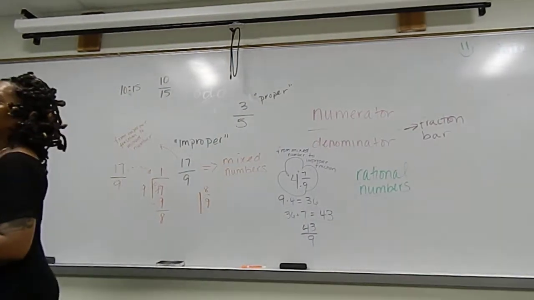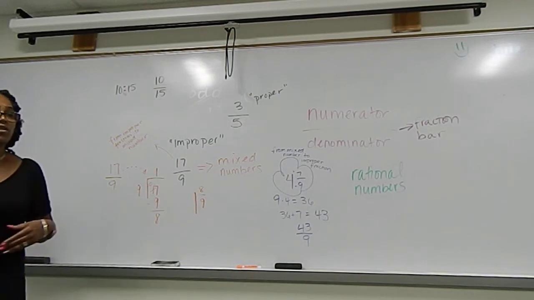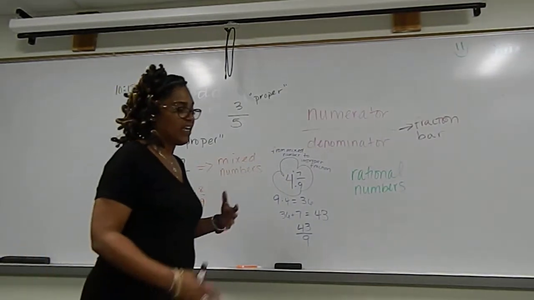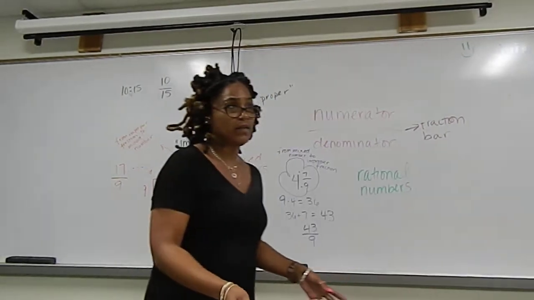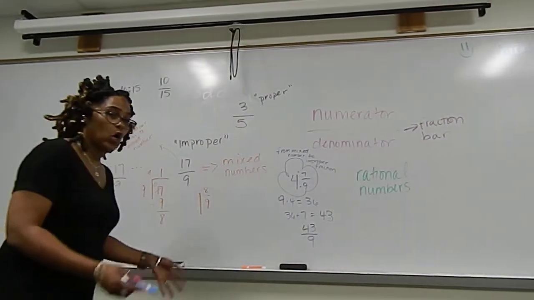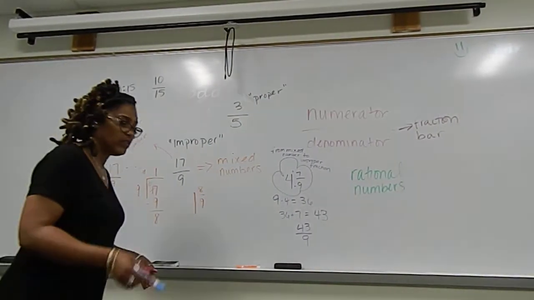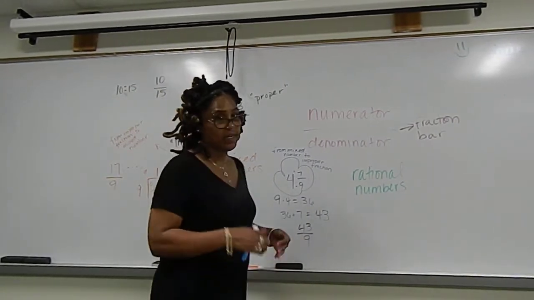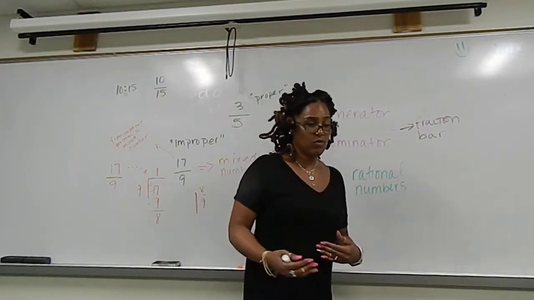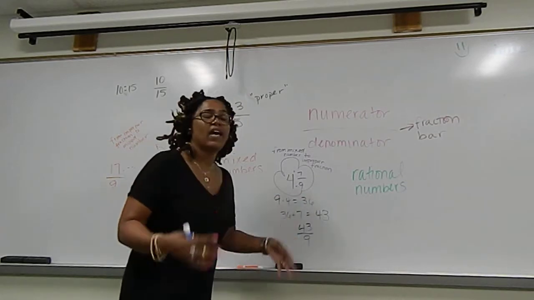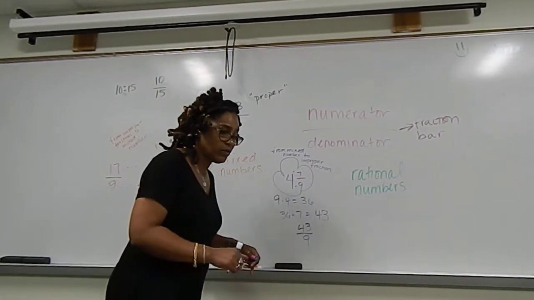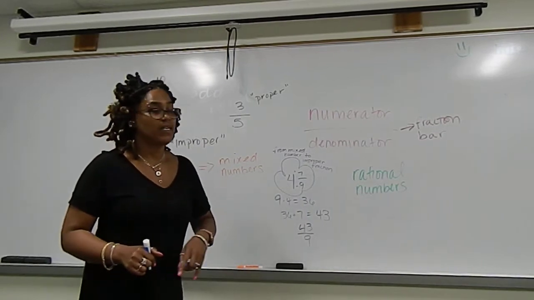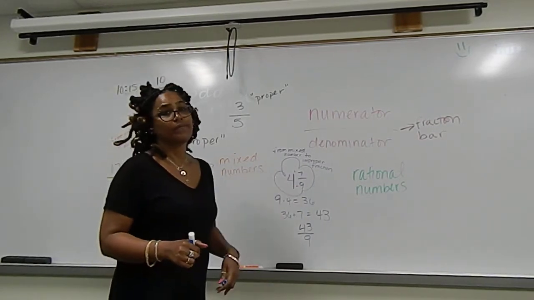The official name is an integer. And so what I'm telling you again is that every single whole number can always be a fraction. And this is something that you're definitely going to need as you advance in your math courses. You have to remember that every single whole number can be represented as a rational number.